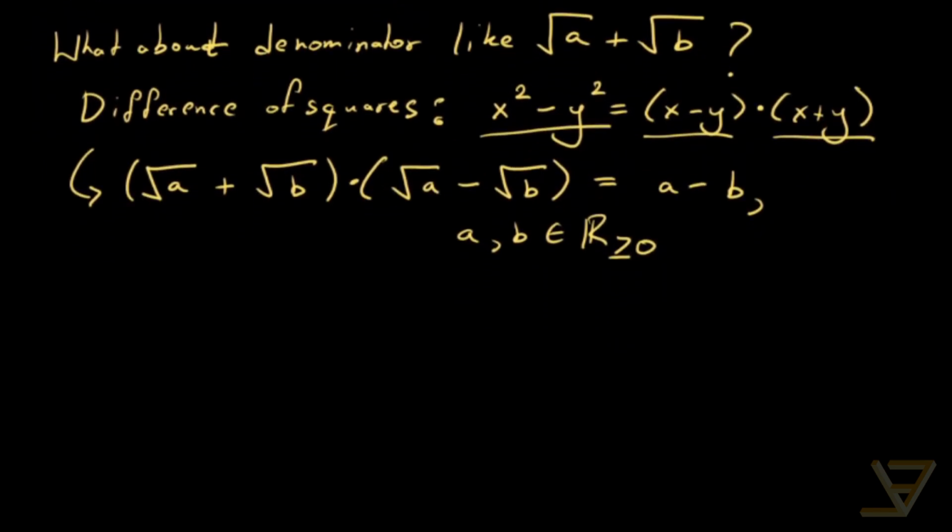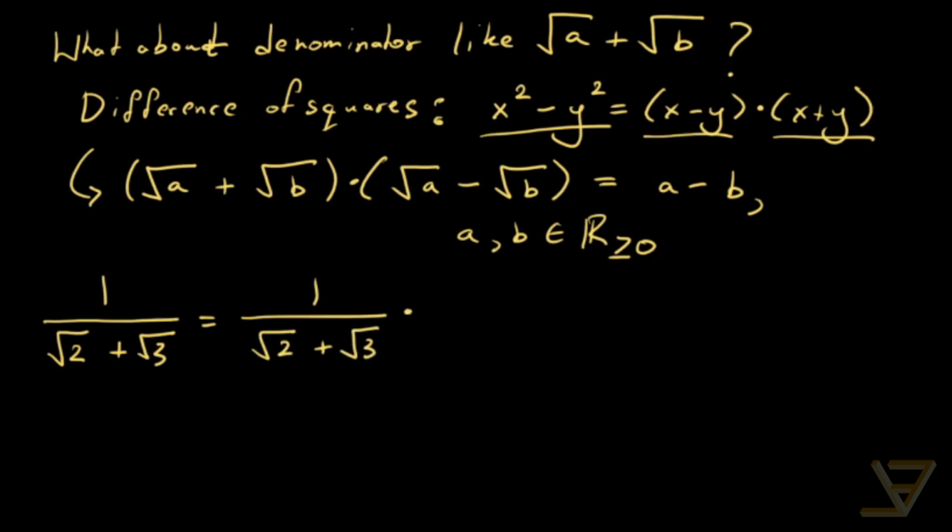So let's test out this identity on rationalizing the denominator. Let's say we have 1 over square root of 2 plus square root of 3. Then what we're going to do is multiply both the numerator and the denominator by square root of 2 minus square root of 3.